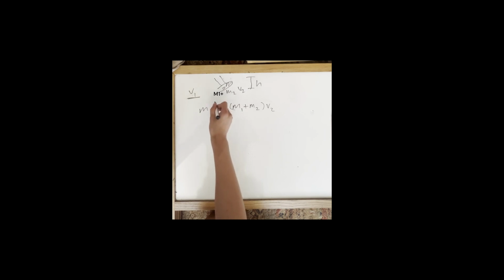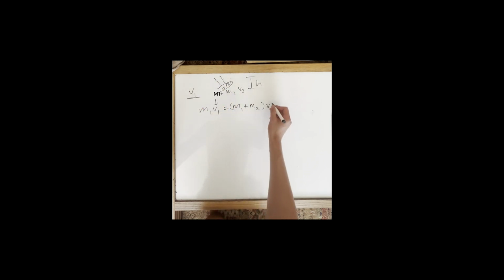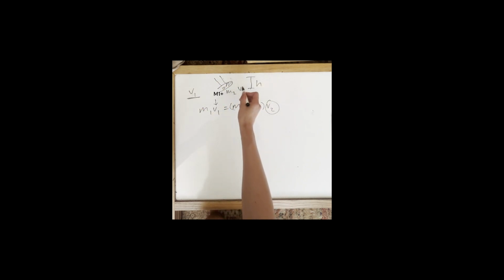We're trying to find V1, and we know M1 and M2 because we've weighed them, but we don't know V2, which is the velocity as the dart moves into the bottle.